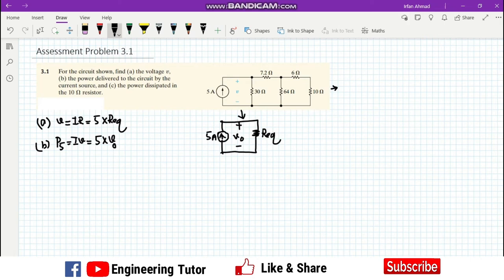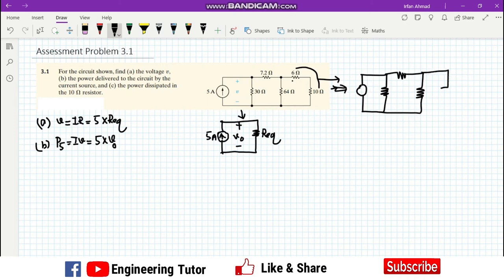In the first step, we know that these two resistors are in series with each other. Let me draw it. It will be like this.